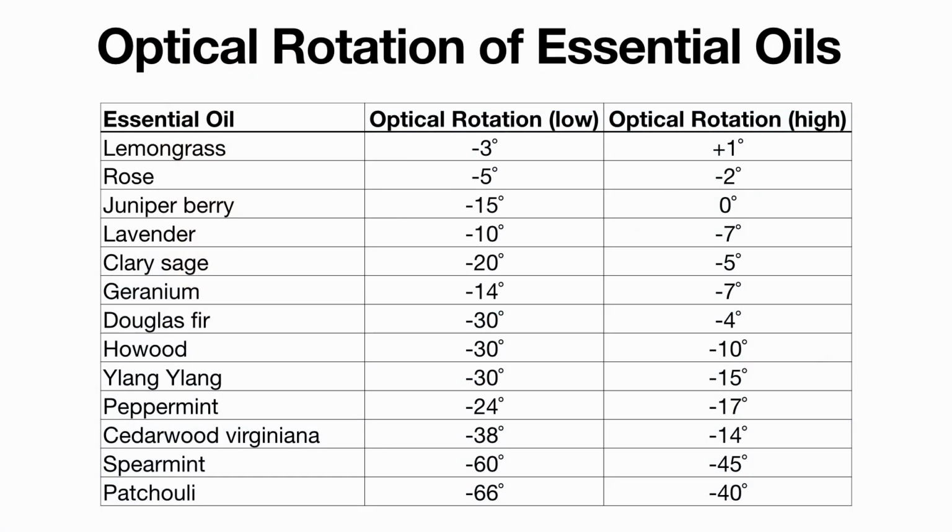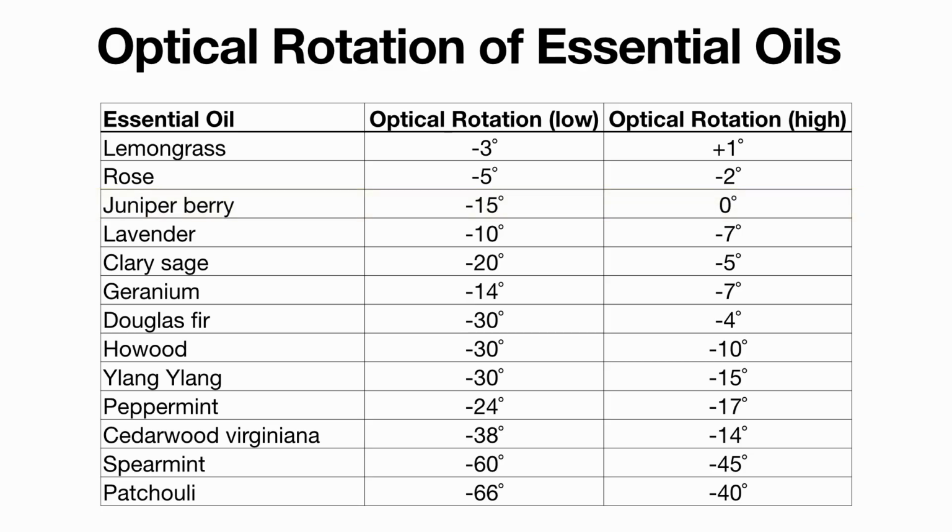Now let's look at the other half, the negative side of the optical rotation spectrum. First of all, we have lemongrass that has optical rotation of -3 all the way to +1. It's kind of like cinnamon bark. Juniper berry, -15 to 0 degrees.